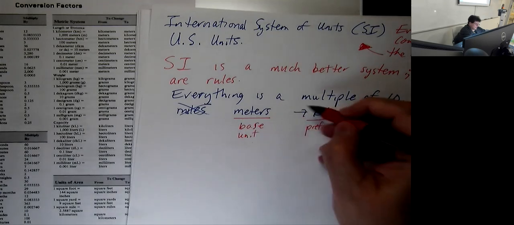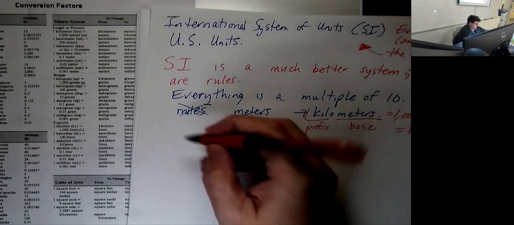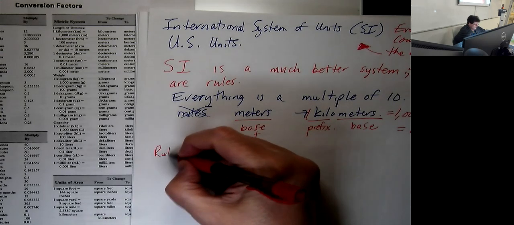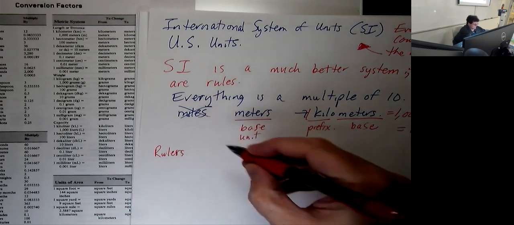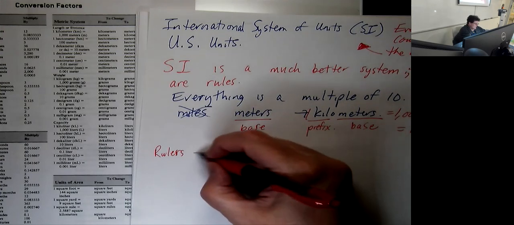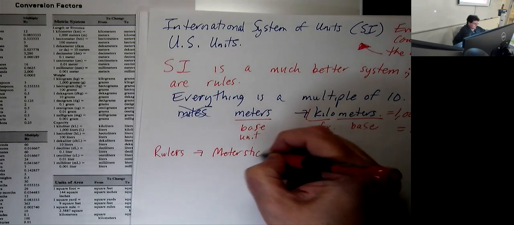So one kilometer is 1,000 meters. And then what shows up on rulers? Rulers show decimeters, I guess, but really it's a meter stick and it goes with centimeters and millimeters.